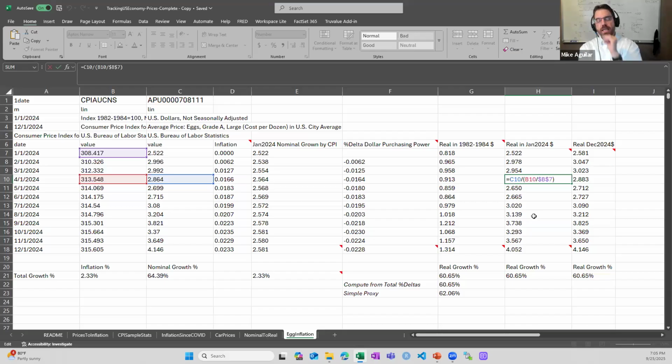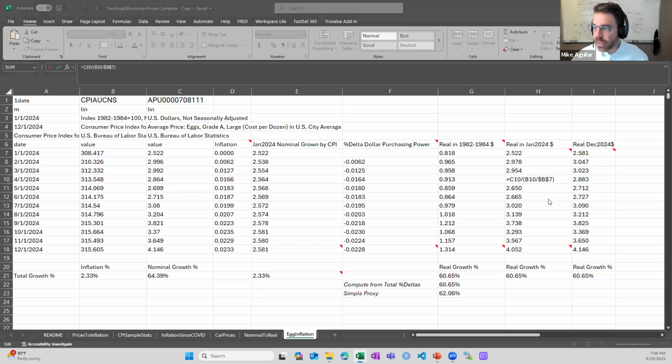And then let me divide it by the CPI B10 in April 2024, divided by B7. I didn't do B7 before. Before I divided by 100. Well, the 1982 base year was 100, but now I want to re-index it to a new base year, or base period, which was January, 308.417. That's why I'm dividing it that way.